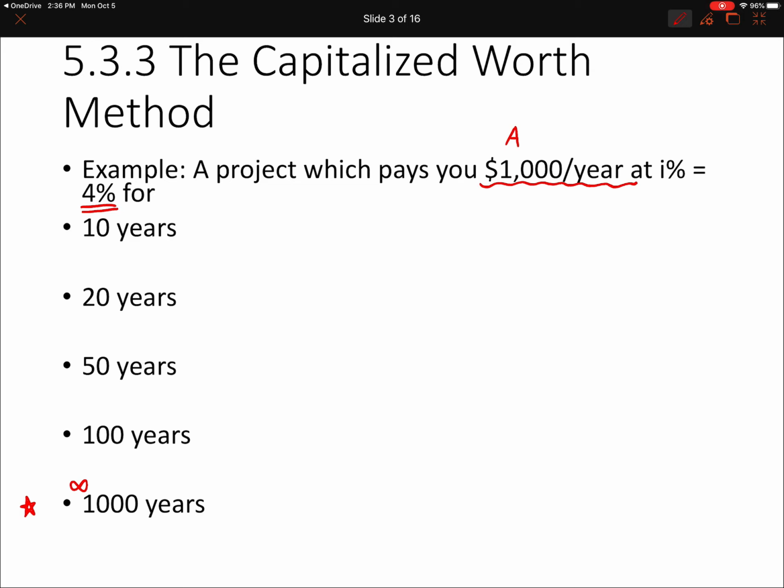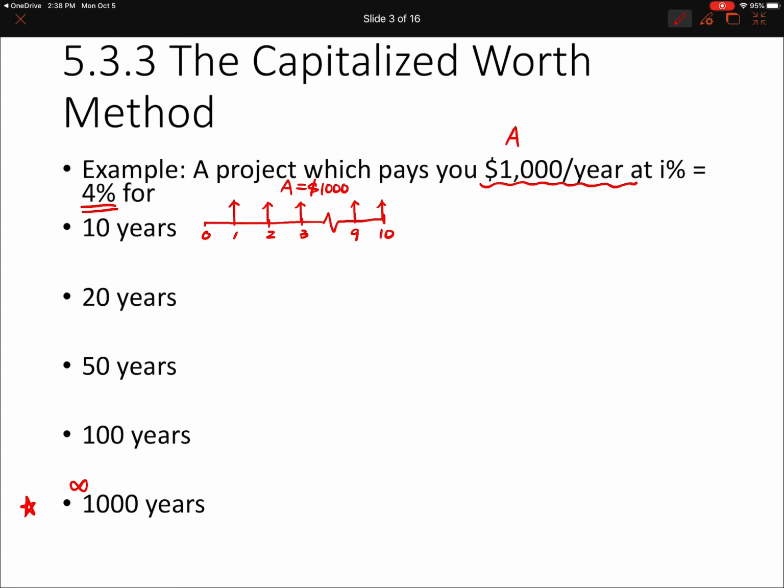So first of all, let's just draw the diagram. If it's 10 years, the diagram is going to be 0, 1, 2, 3, and then 10. And we know that every year you're going to receive 1,000 for that project.